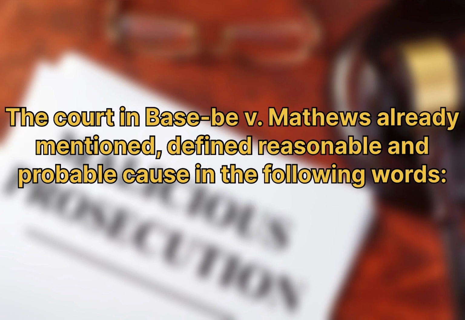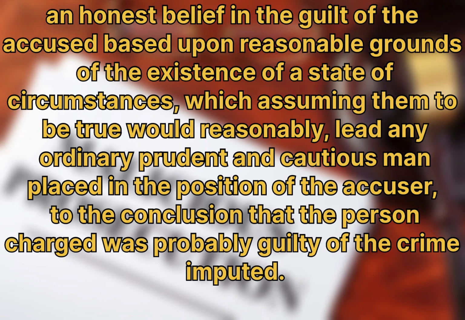The court in Basébé versus Matthews already mentioned defined reasonable and probable cause in the following words: an honest belief in the guilt of the accused based upon reasonable grounds of the existence of a state of circumstances which, assuming them to be true, would reasonably lead any ordinary prudent and cautious man placed in the position of the accuser to the conclusion that the person charged was probably guilty of the crime imputed.